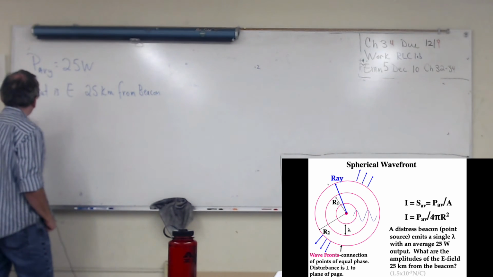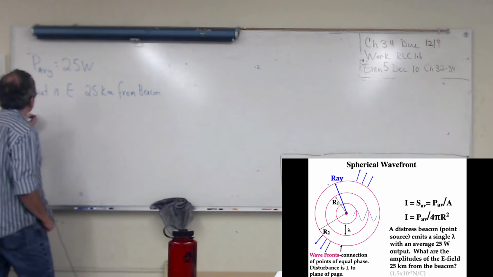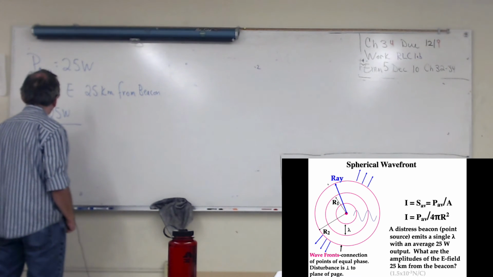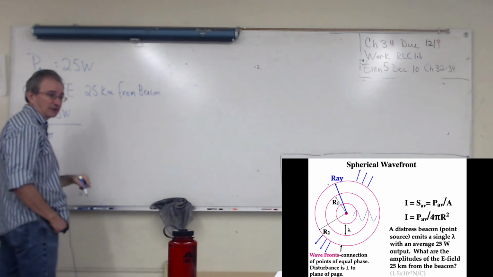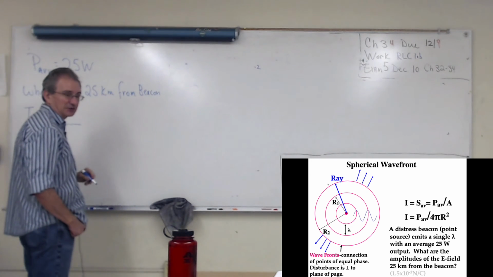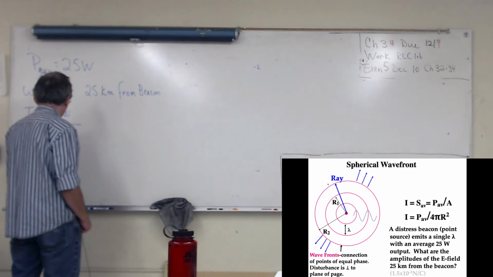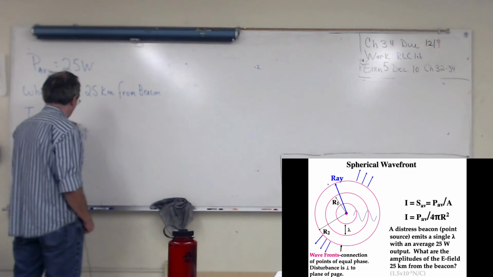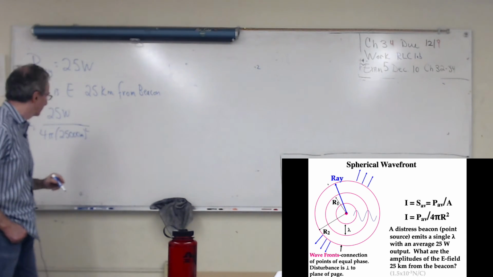Well, I is equal to 25 watts over 4 pi times the square of the radius of the sphere, which is 25 kilometers. 25 kilometers is 25,000 meters.